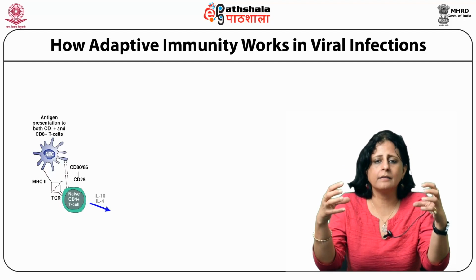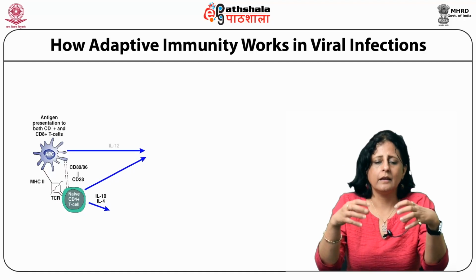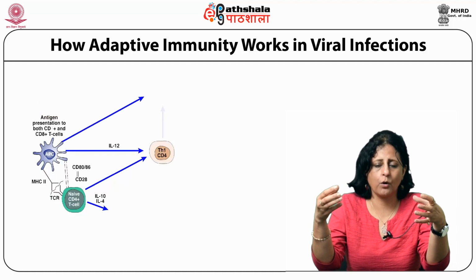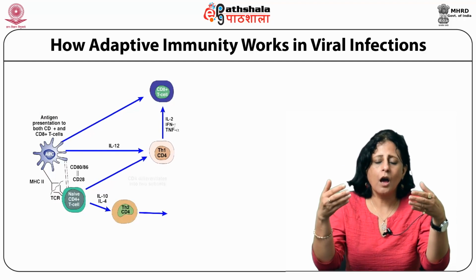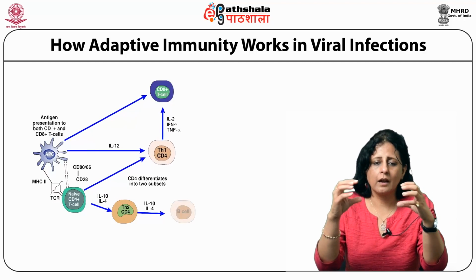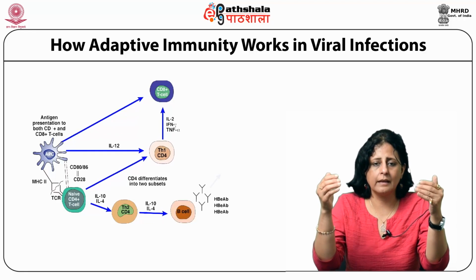Once the virus is sensed by a cell, it induces the innate immune response and indirectly induces adaptive immunity. Now in adaptive immunity, there are different kinds of T cells.